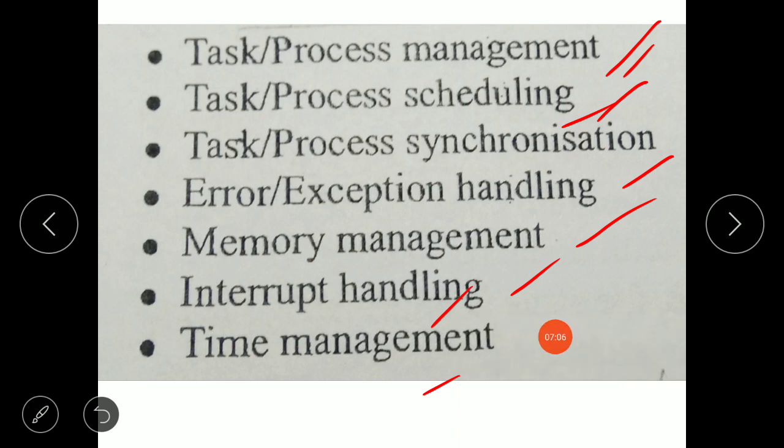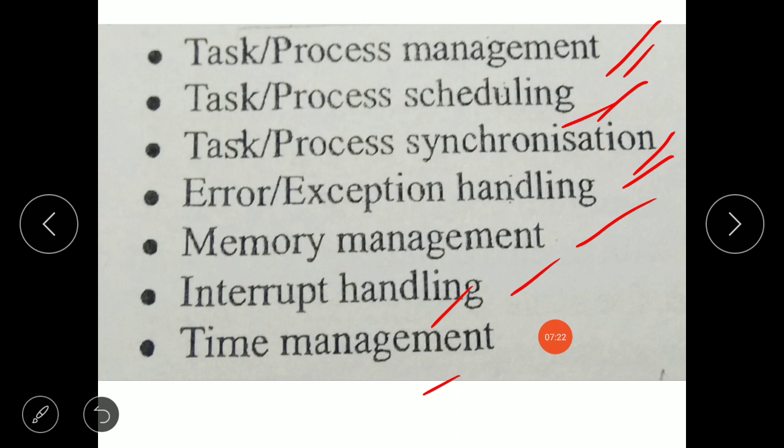Then task or process synchronization deals with synchronizing the concurrent access to a resource which is shared across multiple tasks, and communication between various tasks.